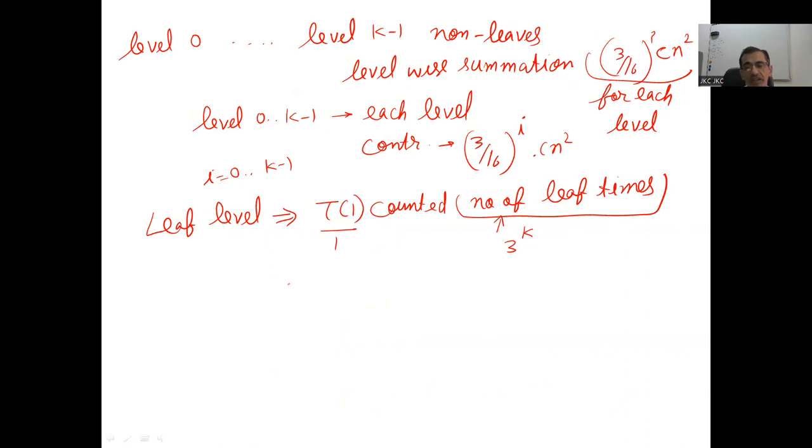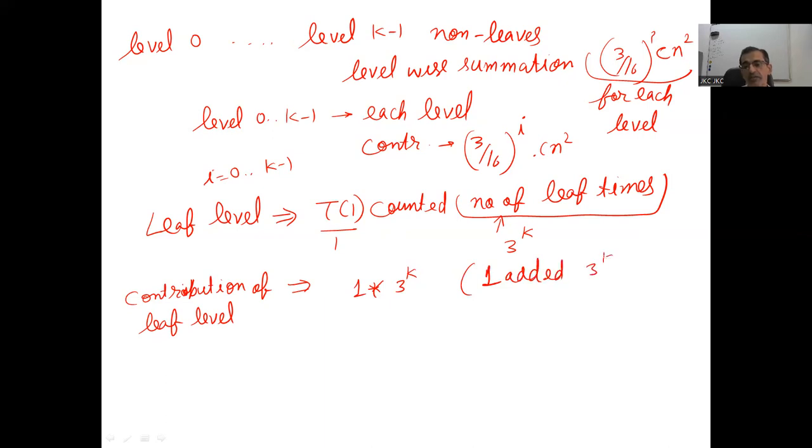So T1 is, I can easily say, the contribution of the leaf level will now be computed separately, and the contribution of the leaf level will be equal to T1, which is 1, added 3 raised to k times. So effectively, this is 1 added 3 raised to k times, because a total of 3 raised to k leaves are there. Each leaf contributes 1.